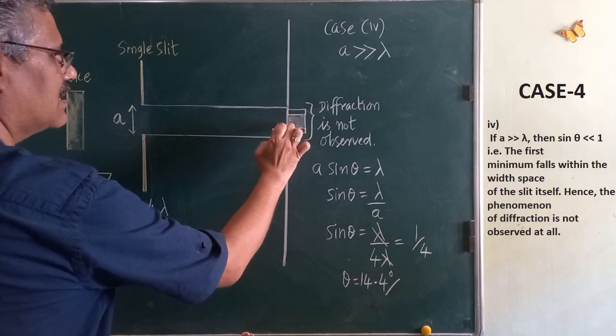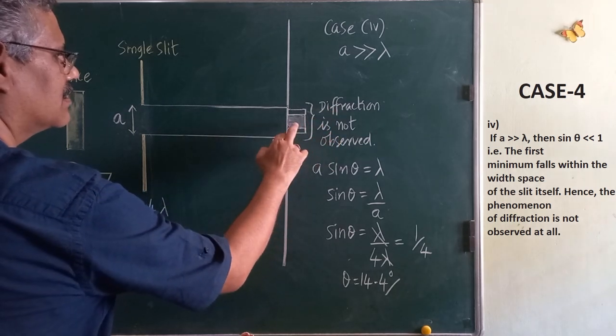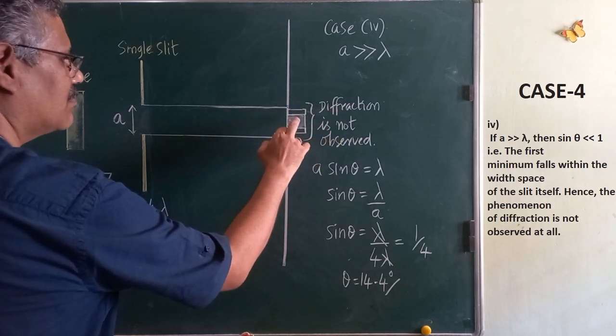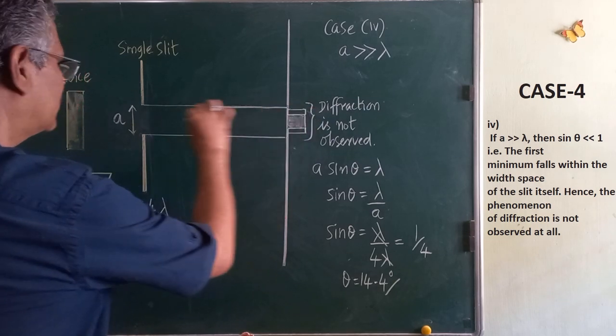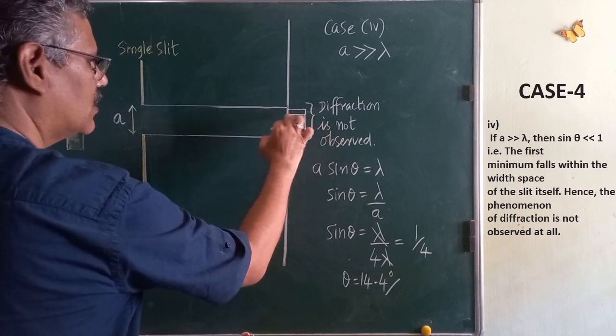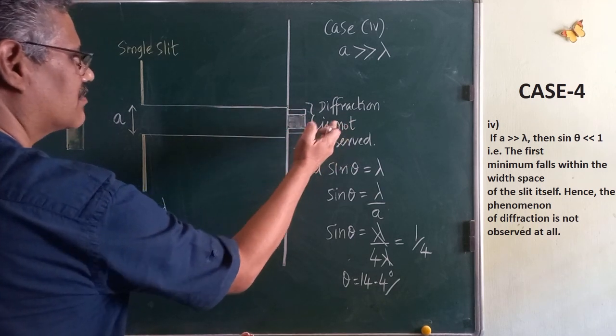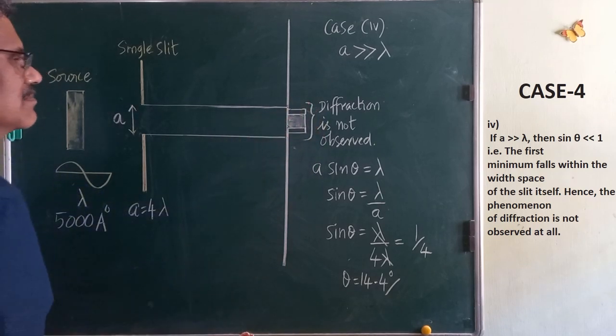Though it is created, you can't observe it. That's why I have written diffraction is not observed. The first minimum, central maxima, everything falls within this region itself. So within the width of the slit itself, this one cannot be observed. Though it is created, you are not able to observe. That's why the fourth case is not suitable one to observe the diffraction pattern. Are you clear?